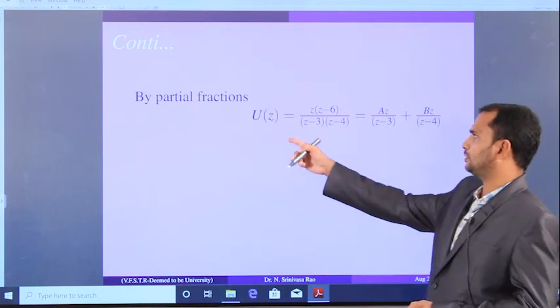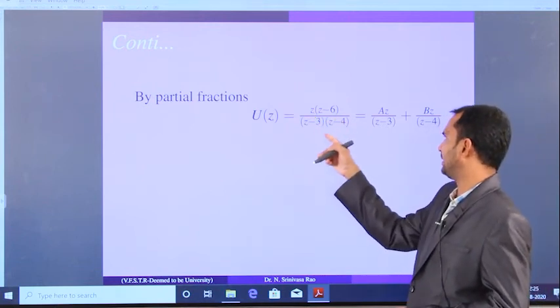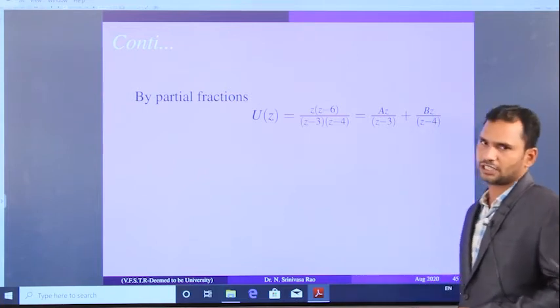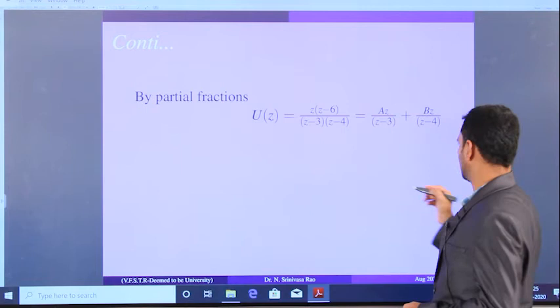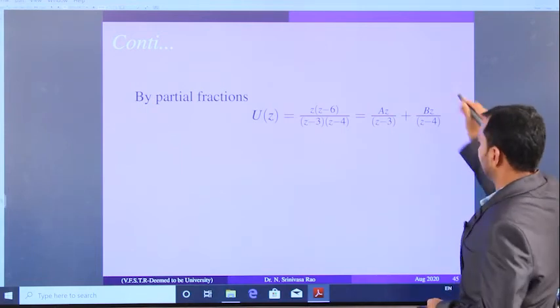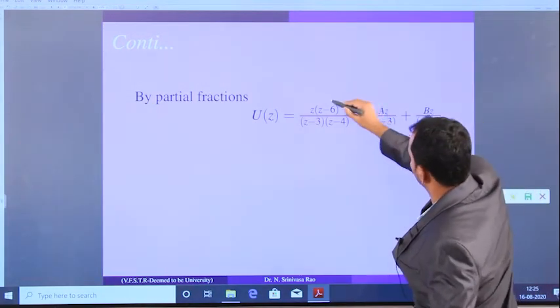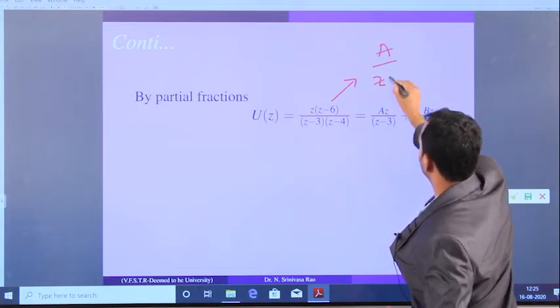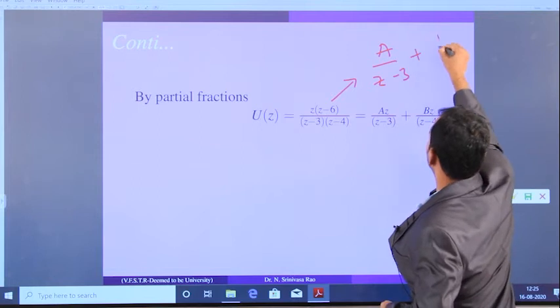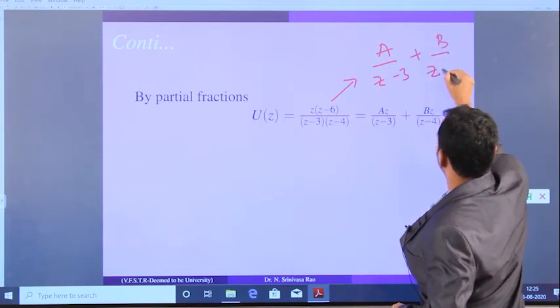U(z) is z(z - 6) divided by (z - 3)(z - 4). I have told you already, for partial fractions the general form is A/(z - 3) + B/(z - 4).